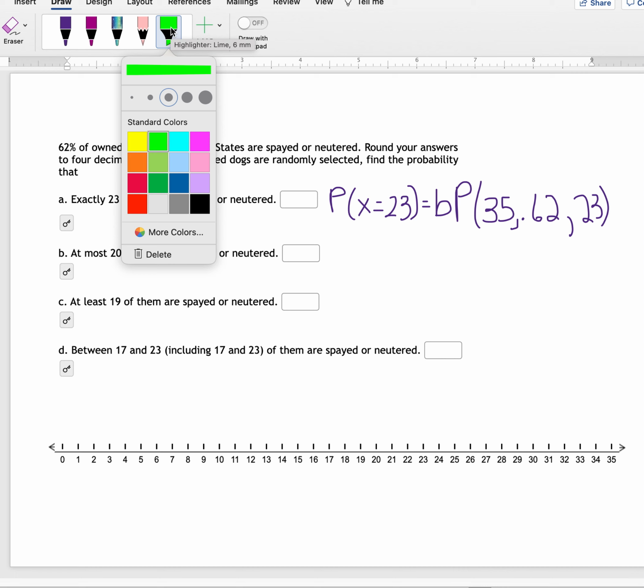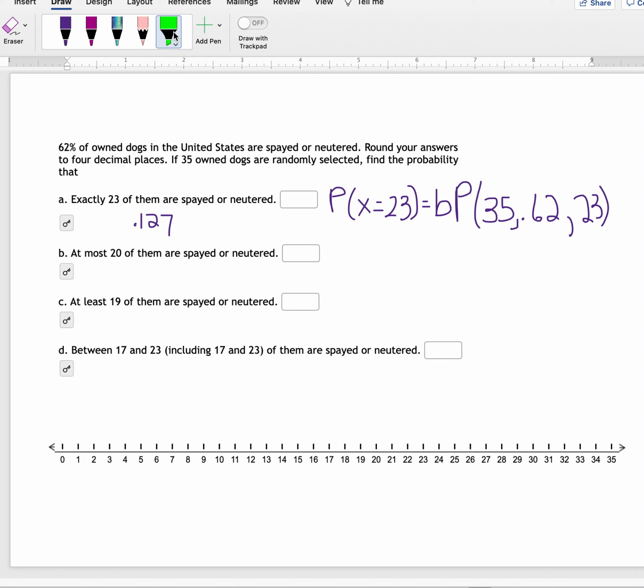I highly recommend, until you get good at this, that you actually write out the number line and visualize what values you're looking at. And this will really help you to make sure you're putting in the right value for x. If I want at most 20, that means I want 0 all the way up to 20, including 20.